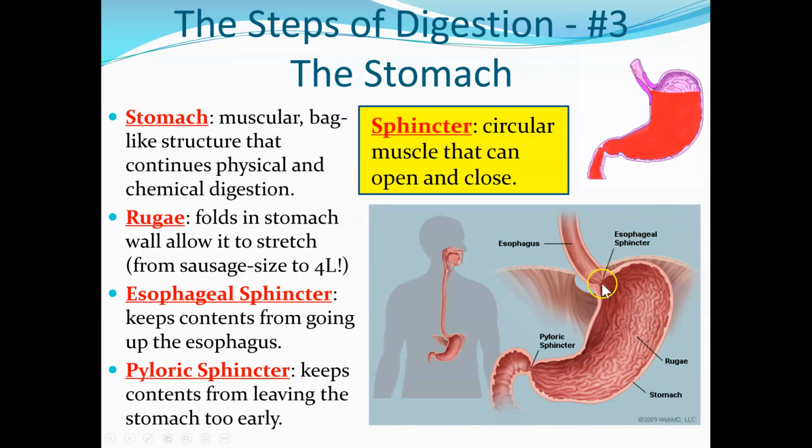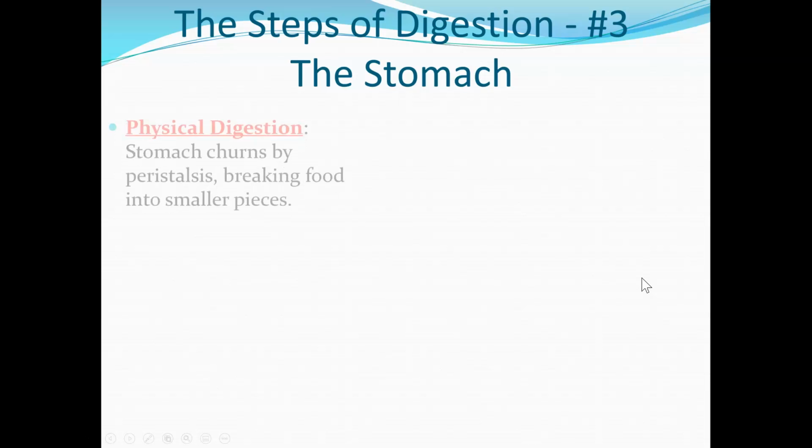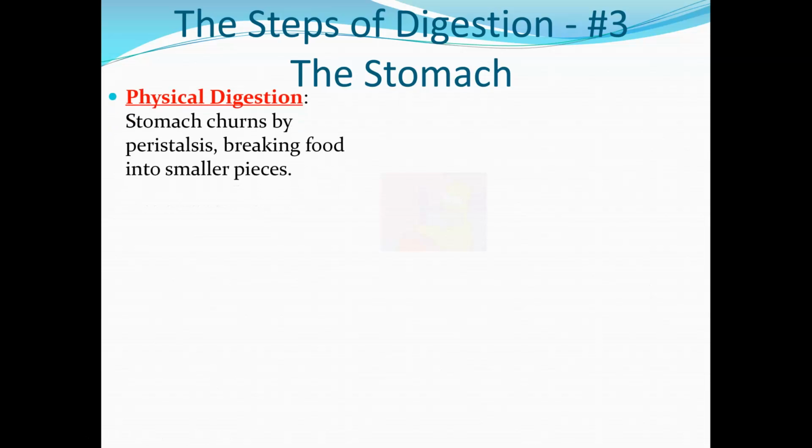Sometimes these sphincters don't work properly, and partially digested food will squirt back up into the esophagus and can cause ulcers. So they have to do things to fix that.